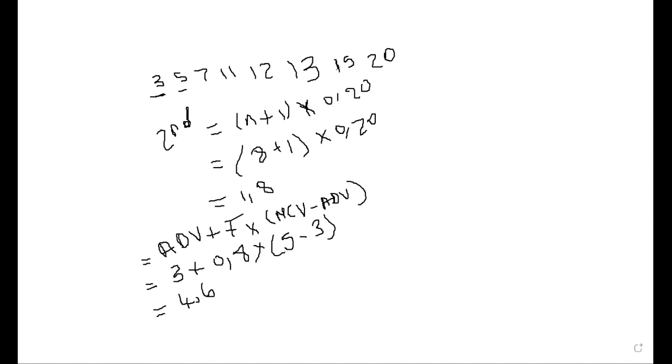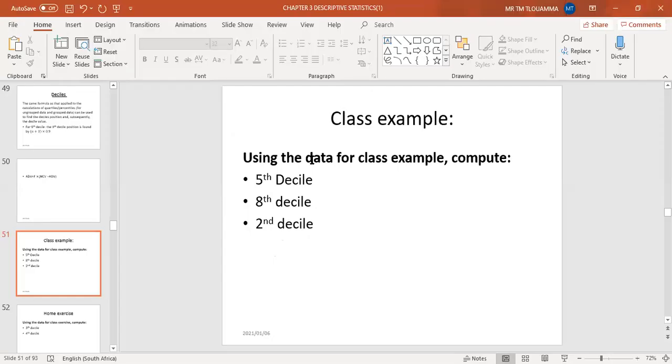The same applies to the fifth decile. We're just going to use the same procedure. You just have to convert your positioning, then that's all. For the fifth decile, we're expecting 0.5 because we're saying 5 divided by 10, just like that.